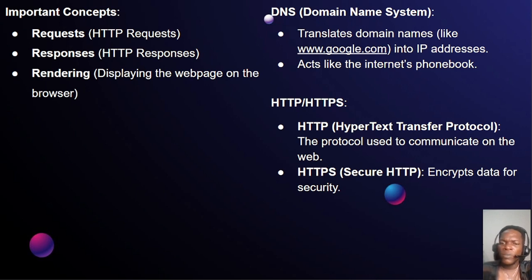So we have the HTTP. You must have heard it, you must have seen it severally: HTTPS, HTTP slash slash colon www dot. The simple meaning of HTTP is hypertext transfer protocol, the protocol used to communicate on the web, and HTTPS is more secured; it encrypts data for security.